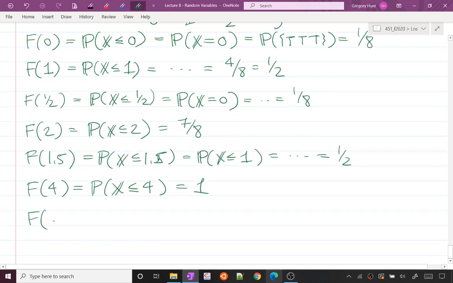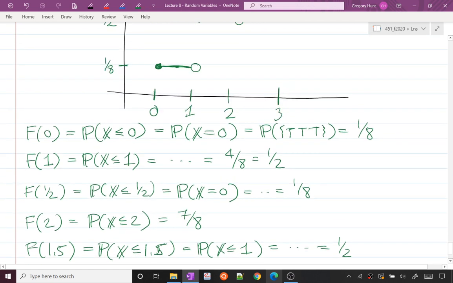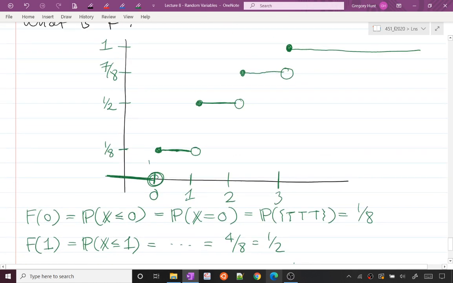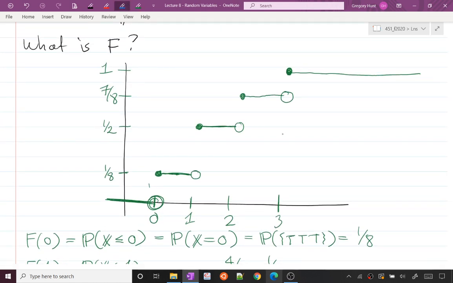What would F of -1 be? What's the probability I have less than or equal to -1 heads? No, that can't happen. So any number less than 0, I'm going to flat line at 0 until I get to 0, and then I jump up. So what we get here is a step function.